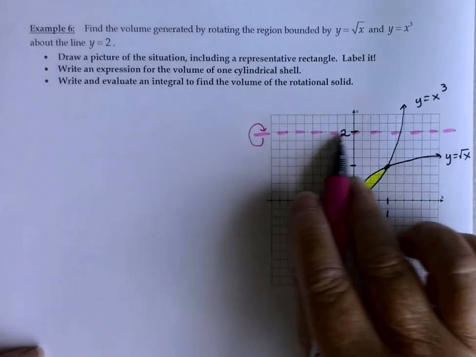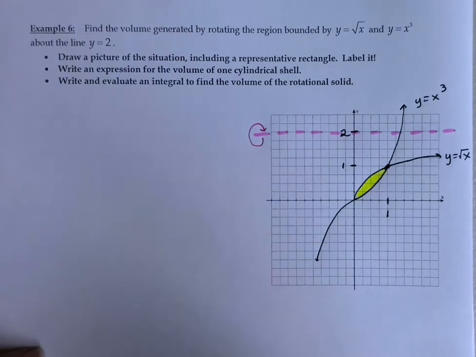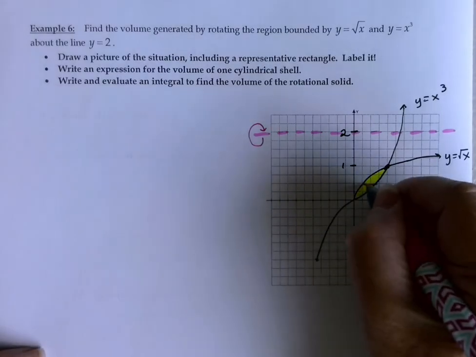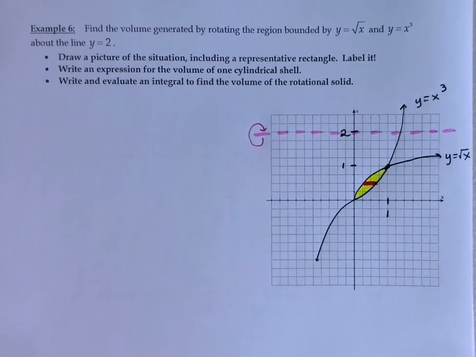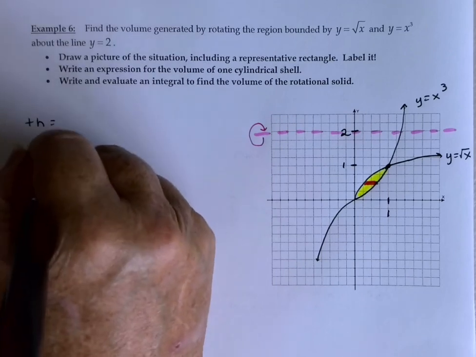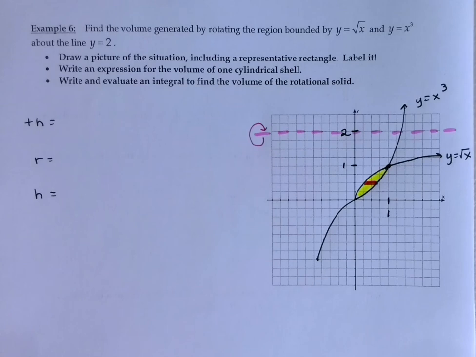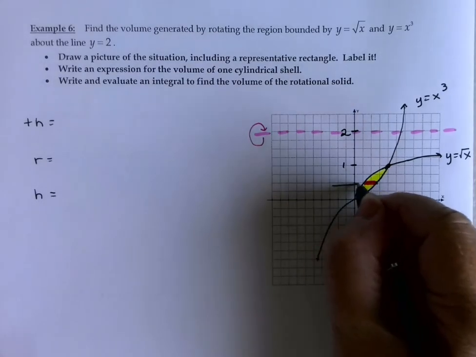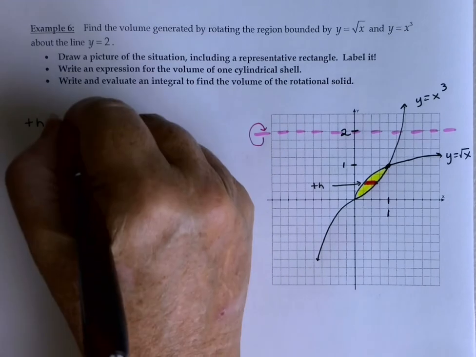Now it's still a horizontal line, and since we're doing shells, we still want to be parallel to that axis of rotation. So we're continuing to draw horizontal representative rectangles. So to do shells, I once again need a thickness, a radius, and a height. Thickness, little piece here is in the y direction, so delta y.